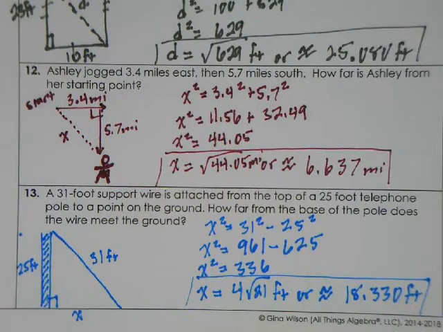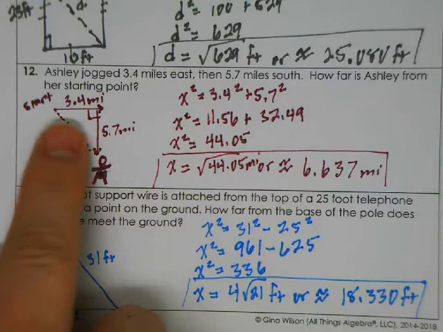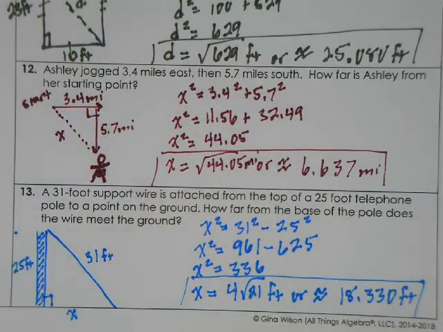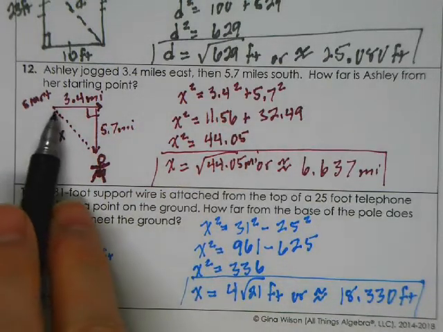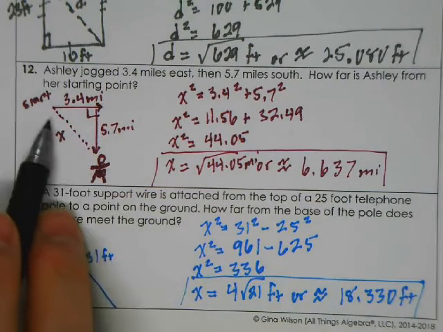Alright guys, so here are the last two problems. Hopefully your work and my work are going to match. The diagrams themselves don't need to be drawn in any particular order. Well, with this one here, because we are going east and then we're going south, and east and south are perpendicular directions to each other, that's how we know we have a right triangle. 3.4 miles one way, 5.7 miles the other way.